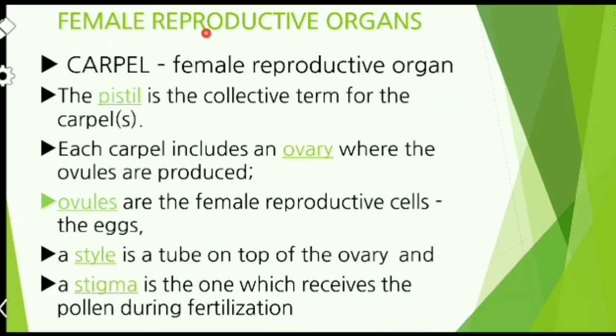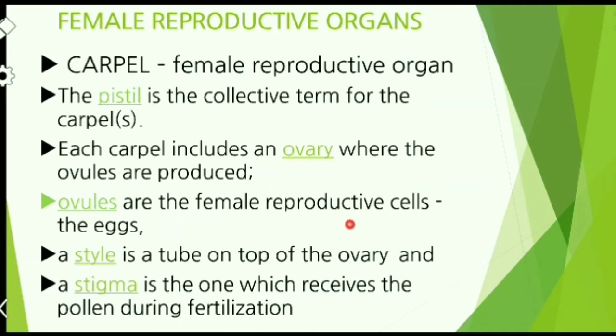The female reproductive organs. As I said earlier, carpel is the female reproductive organ. One or more carpels together is collectively termed as pistil. Each carpel contains an ovary where the ovules are produced.